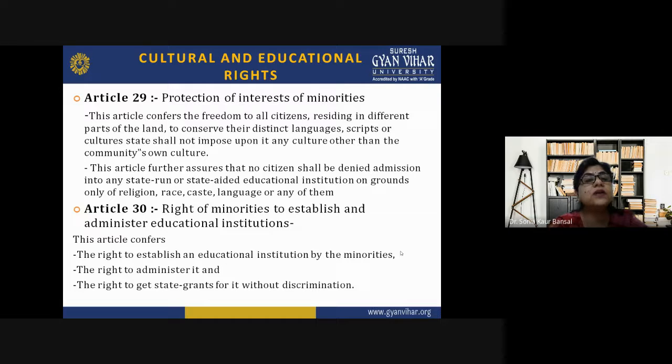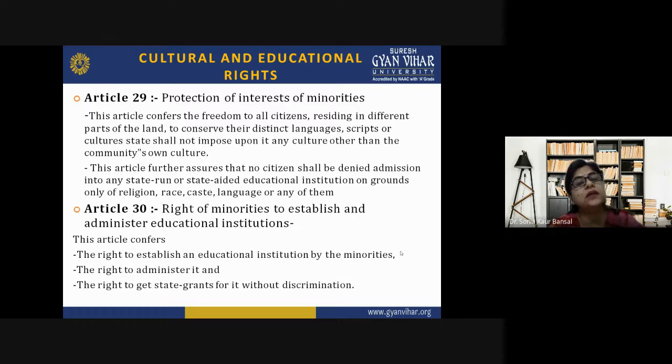This article further assures that no citizen shall be denied admission into any state-run or state-aided educational institution on the ground only of religion, race, caste, language, or any of them. So this is about protection of interests of minorities. Now let's study Article 30, which is about the rights of minorities to establish and administer educational institutions.